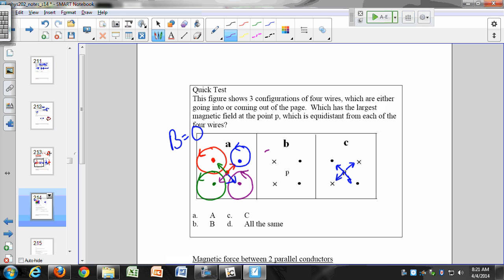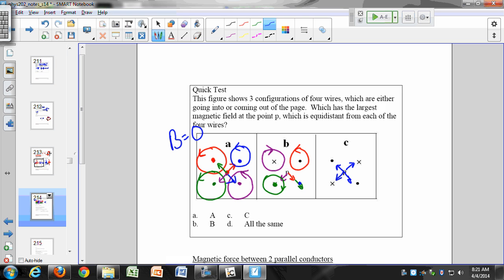So with this one, my magnetic field is in that direction. And so at point P, it's like that. With this one, it's in that direction. So it's in there at point P. This one, clockwise. So it's in that direction.